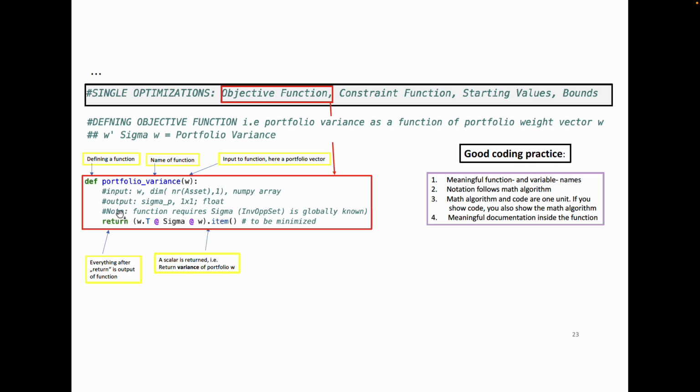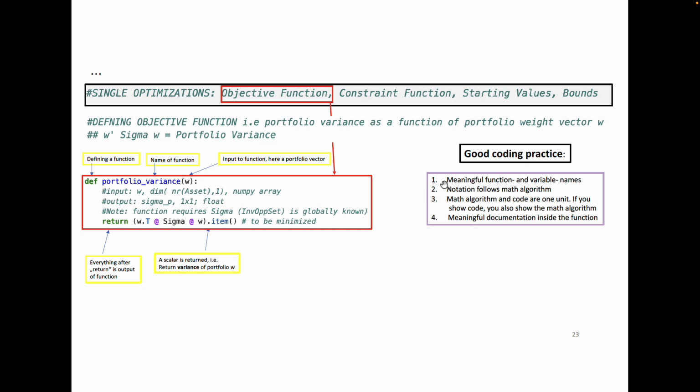And here I just give a note that in my computation I rely on the capital sigma being known. So it's like a global matrix. And what's the function really doing computation-wise? It takes the W and it multiplies that with our sigmas that we talked about, takes dot item, so now it gives a scalar back, and that's returned.